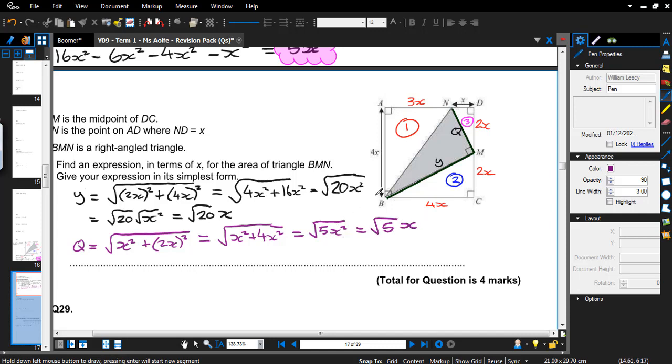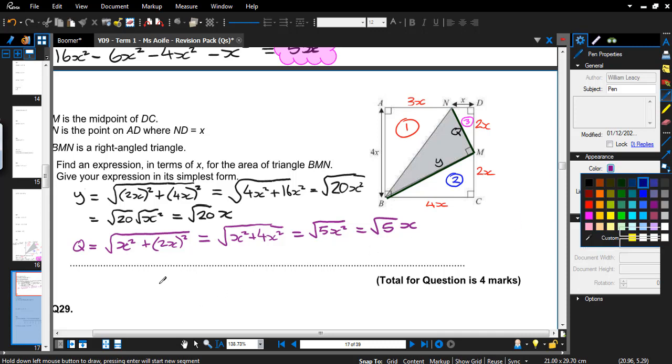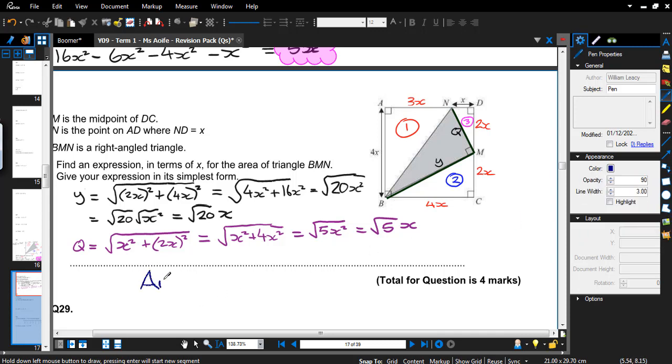Now, we know that's root 5x, and we know this is root 20x. So to get this hypotenuse, oh, we don't even need the hypotenuse. What am I talking about? We need the area. So it's going to be half the base times the height. So we're saying the area of the shaded region equals half the base times the height.